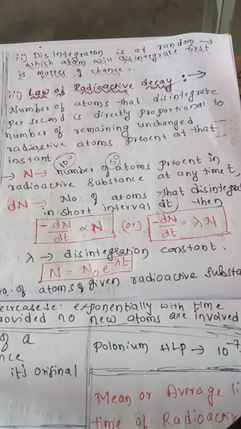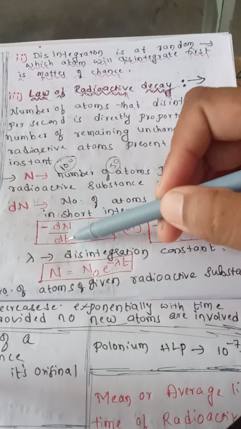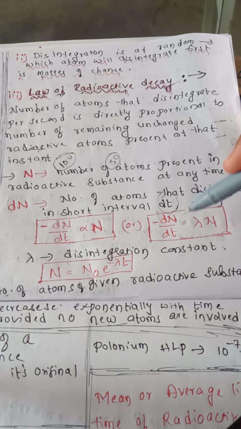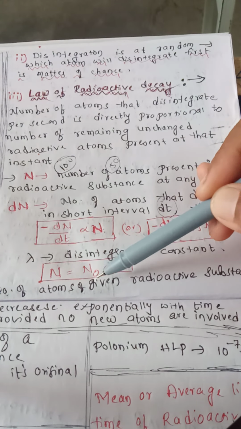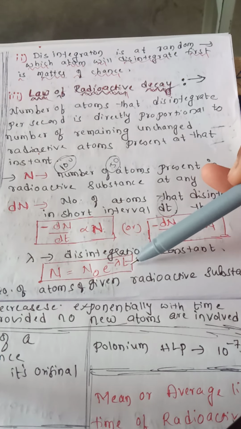The negative sign indicates the decaying process. So minus dN by dt is proportional to N, or minus dN by dt is equal to lambda N, where lambda is the proportionality constant, which we call the disintegration constant. Doing certain mathematical calculations, we get N equal to N naught e to the power of minus lambda t.